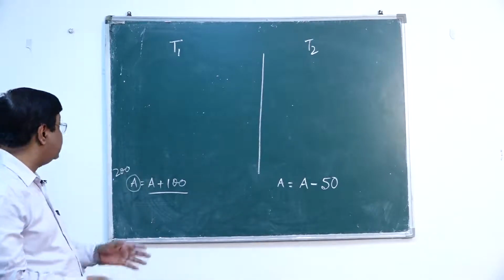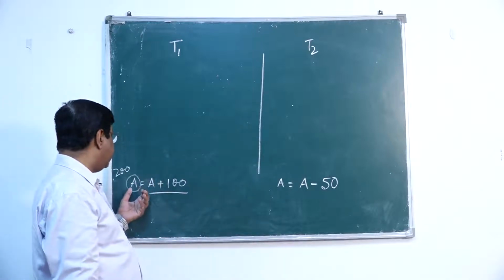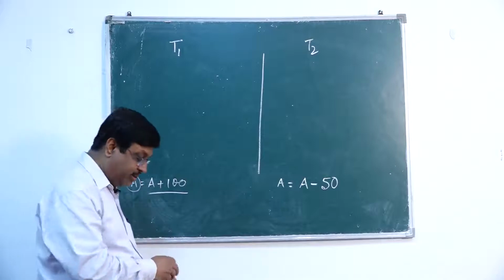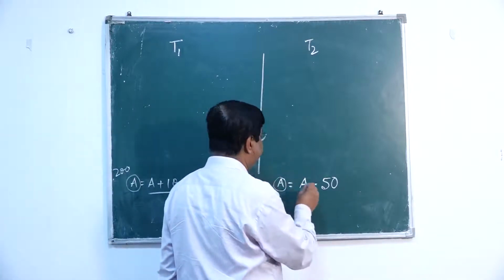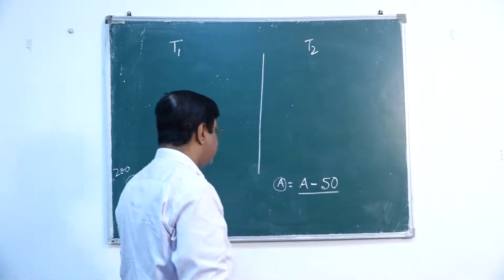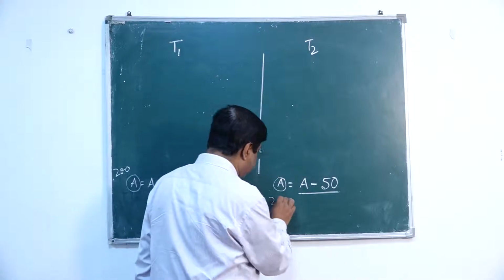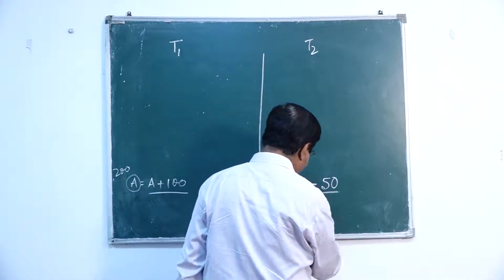T1 adds 100 into A, so the value should be 300, whereas T2 has to subtract 50 from A. So, if the initial value of A is 200, then this should show 150 as the result.